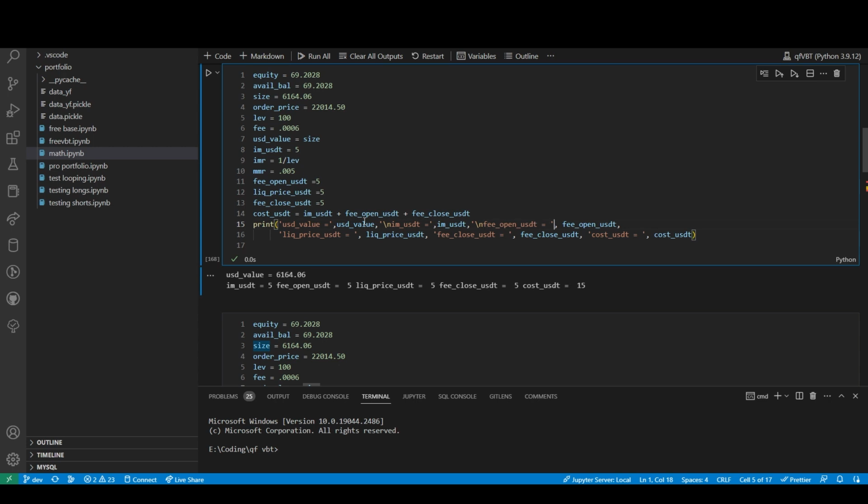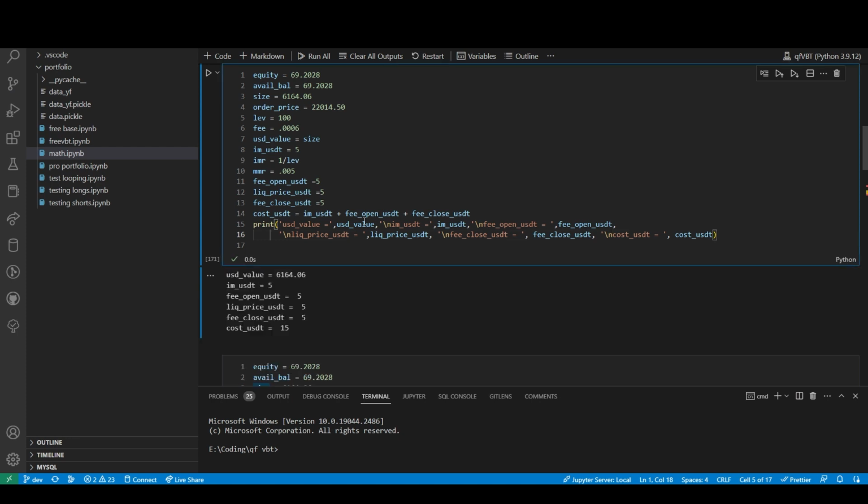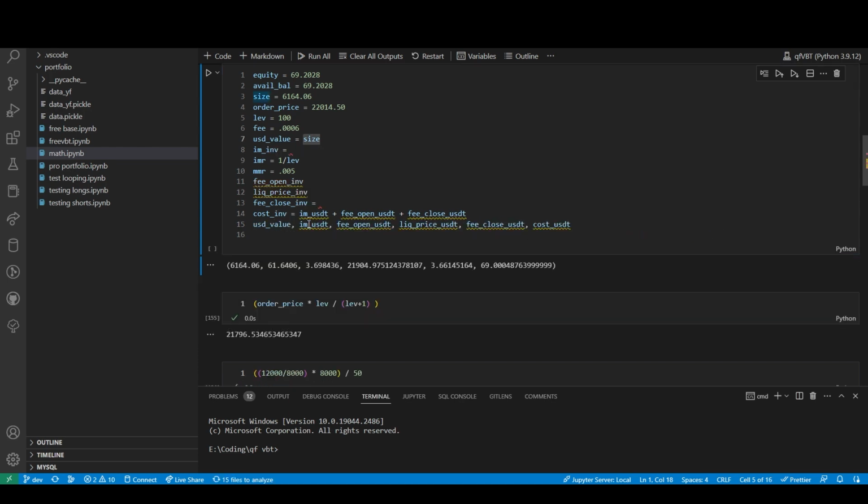Hash in. Slash in. Holy shit. So our USD value is... We don't need USD value. Whoops.